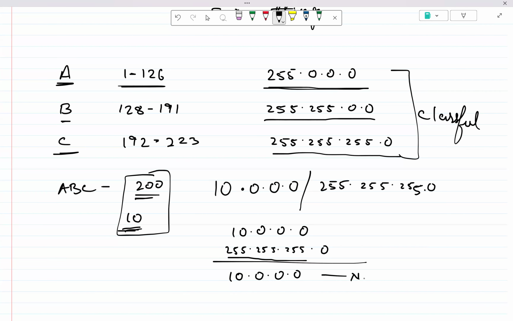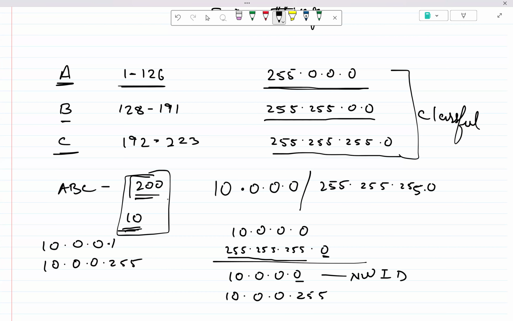So this is your network ID. And what is going to be the broadcast ID? Convert the last 0 to 255, 10.0.0.255. So your addresses start from 10.0.0.1 and go up till 10.0.0.255.